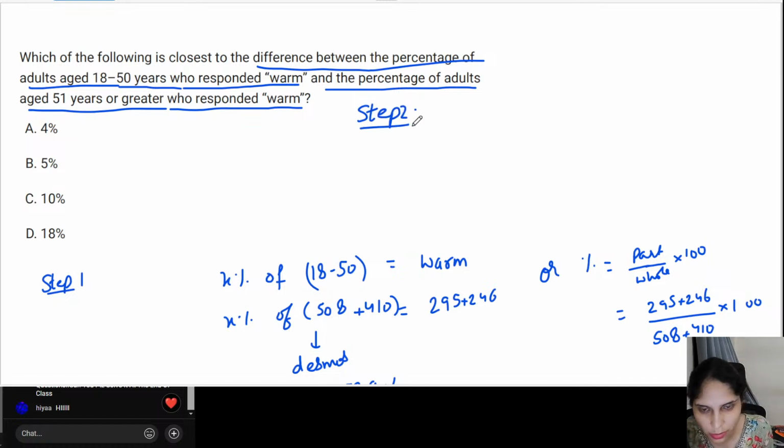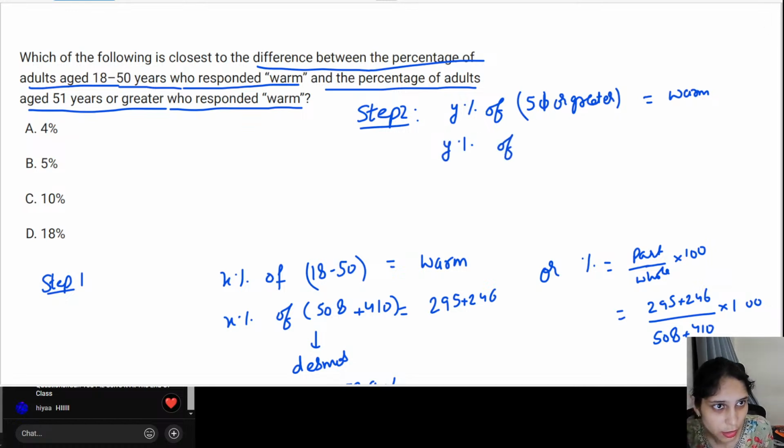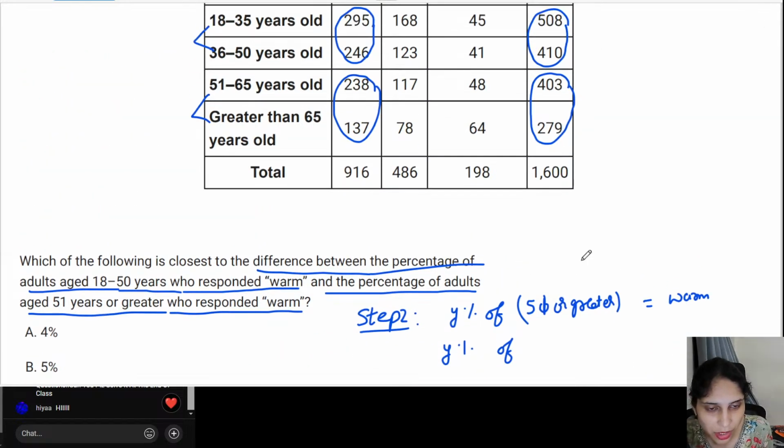So for this particular question, I'm going above because I don't have space below. So step 2 is going to be, let's say y percent of 51 or greater, and those responded warm. We do not know the percentage. 51 or greater are 403 plus 279.